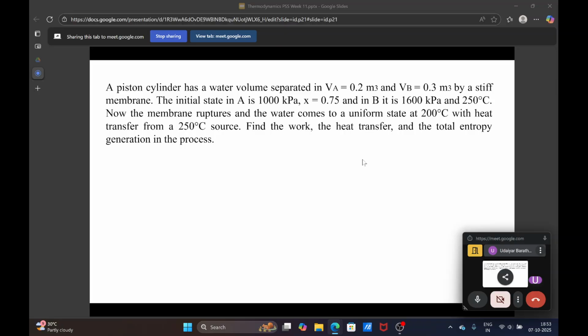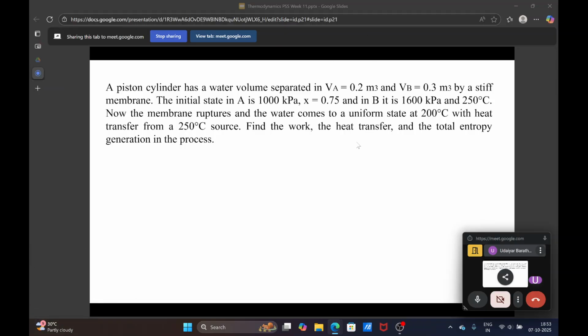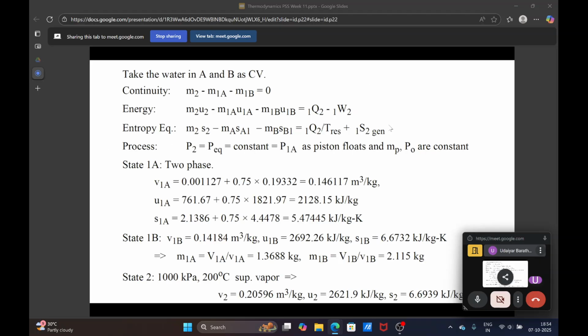After mixing, there is also a heat transfer from a 250 degrees Celsius source, because of which the final water mixture is at 200 degrees Celsius. So we know the final state, and we need to find out the work done and the heat transfer which is happening.